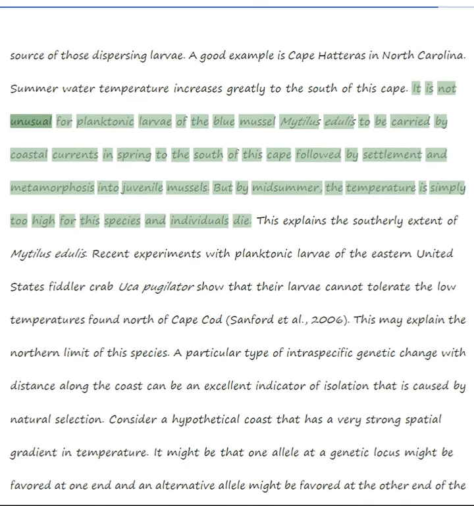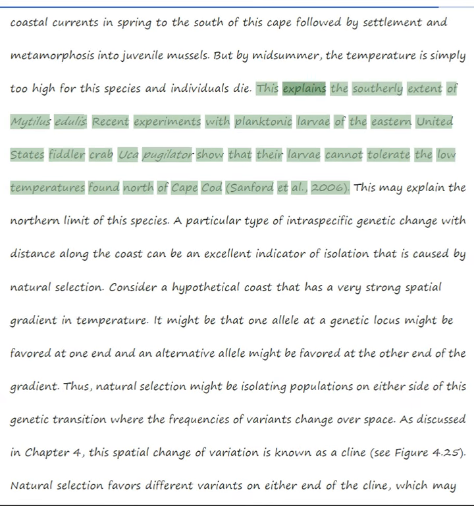It is not unusual for planktonic larvae of the blue mussel Mytilus edulis to be carried by coastal currents in spring to the south of this cape, followed by settlement and metamorphosis into juvenile mussels. But by midsummer, the temperature is simply too high for this species and individuals die. This explains the southerly extent of Mytilus edulis.